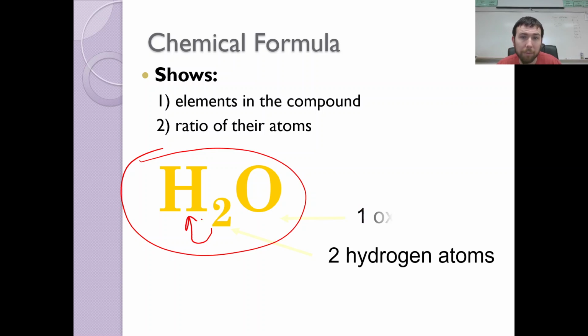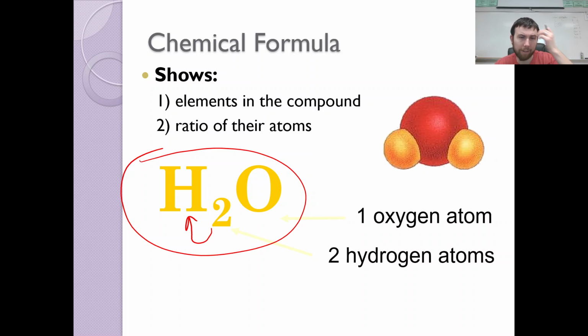There are 2 hydrogen atoms and 1 oxygen atom. When we're looking at chemical formulas, it's always important to recognize that these little subscripts go with the element that precedes it, not with the one that comes after it. So there are 2 hydrogens, 1 oxygen, and anytime we're dealing with water, it's always going to have that chemical formula.